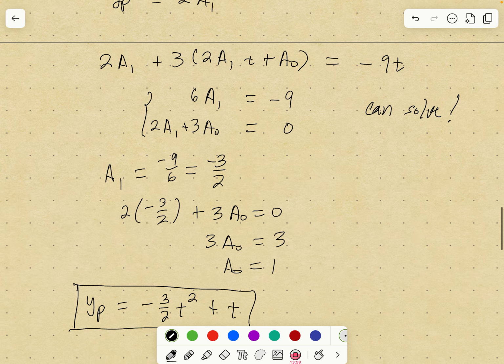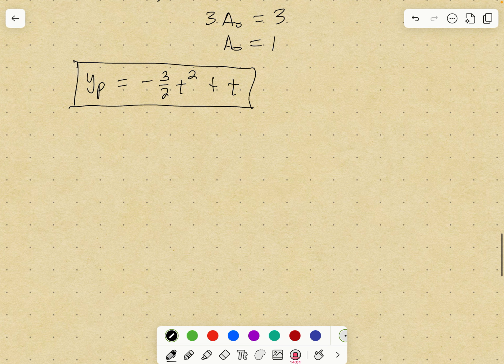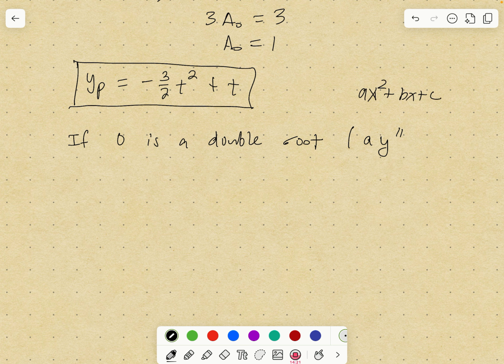Now when you have a double root, so if 0 is a double root, well, what that means is if you have a y double prime, right, because your polynomial, your ax squared plus bx plus c has to have a double root of 0, that means it has to be like a times x minus 0 squared, so that's ax squared.